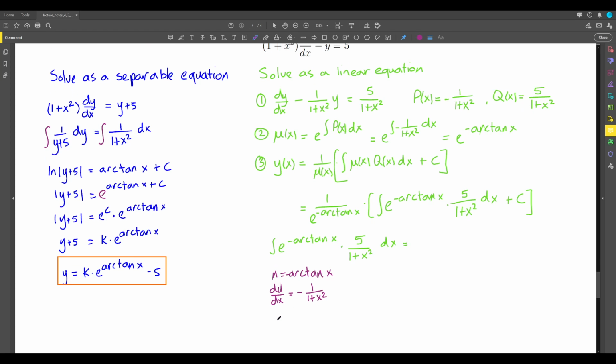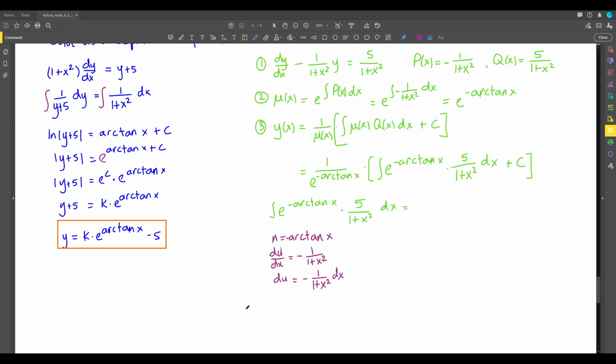And so that means that du equals negative 1/(1 + x²) dx. And solving for dx, we get that negative (1 + x²) du equals dx.